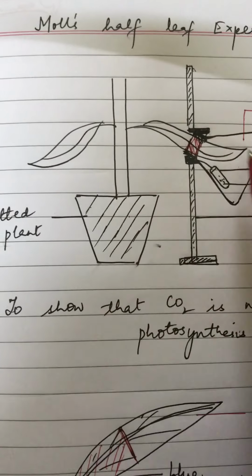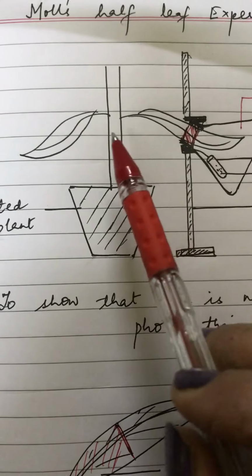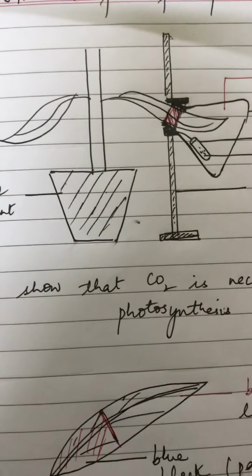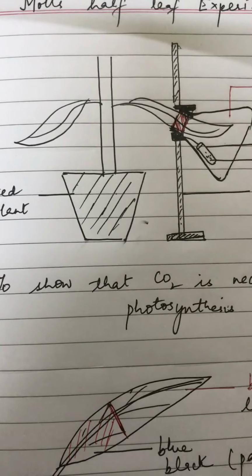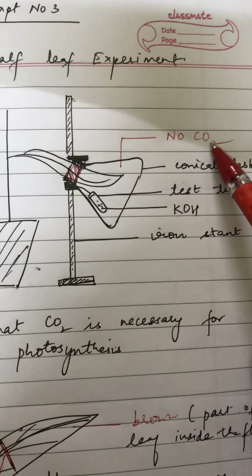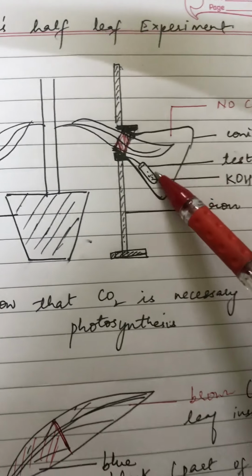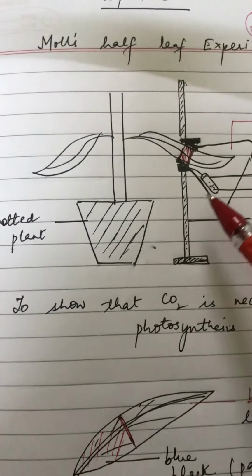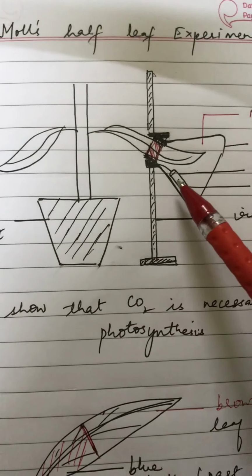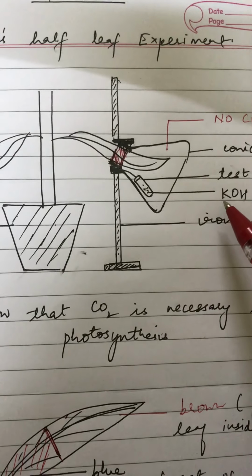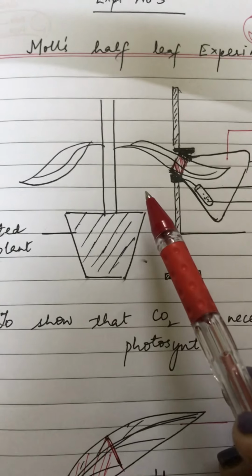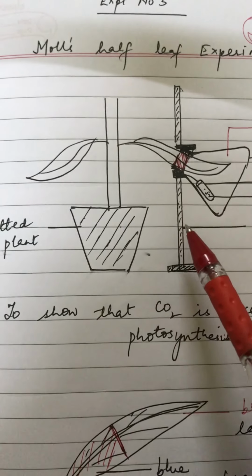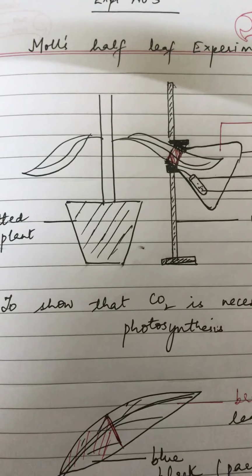So again you have to work it out with your common sense that the one where CO2 is available is the one which will prepare its own food by photosynthesis, and where the special condition is prevailing, no CO2, so no photosynthesis. So you will be asked, what is the aim of the experiment, what is the purpose of KOH? Any of this, or which is the control here, you will be asked accordingly. So be prepared for all variations as well.